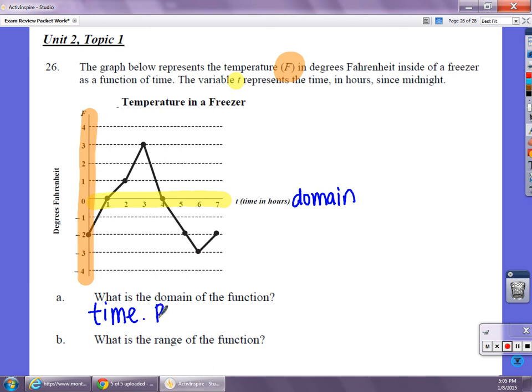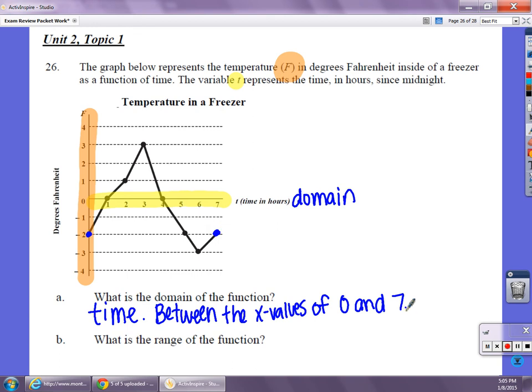So we know that our domain is between the values of 0 and 7. If you look here, there's our first point when t equals 0, and our last point is when t equals 7.